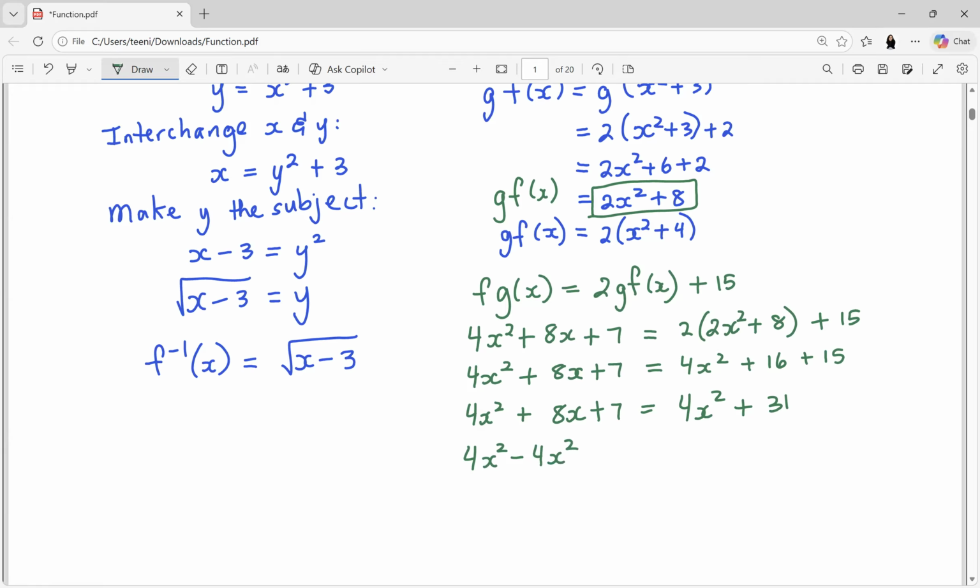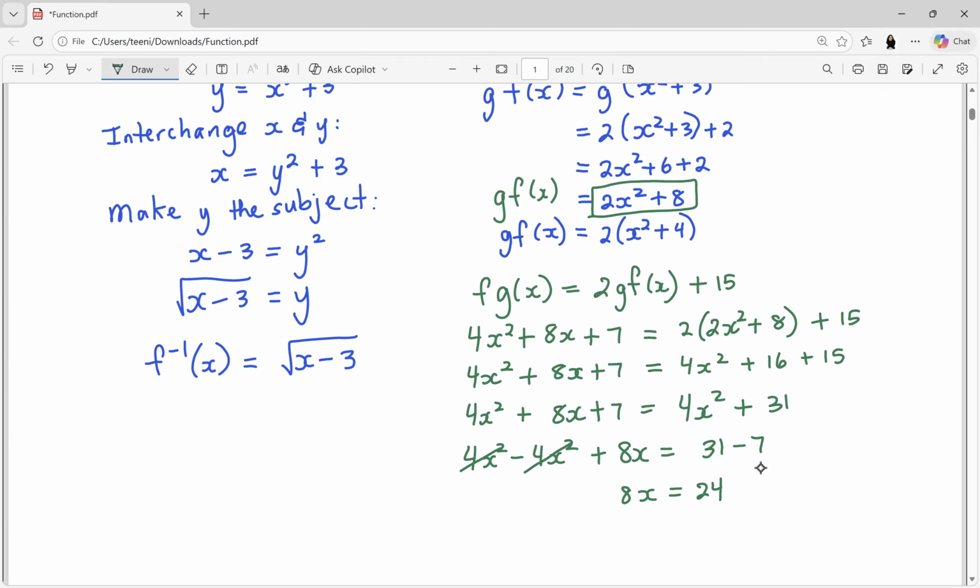So you'll end up with 4x squared minus 4x squared plus 8x. I'm going to keep 31 on this side. I'm going to move plus 7 from the left-hand side to the right-hand side, so it becomes minus 7. So this will give me 8x because these two will cancel, right? 4x squared minus 4x squared will be 0. So all that you're left with on the left-hand side is 8x, and 31 minus 7 is 24.